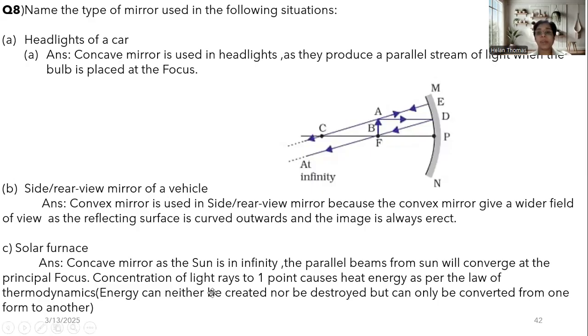At that point, the light will get concentrated and heat will be generated, because energy follows the law of conservation of energy: energy can neither be created nor destroyed, but only converted from one form to another. The light ray is converted to heat energy, and it heats up the coil, and when the coil gets heated, your furnace is getting heated.